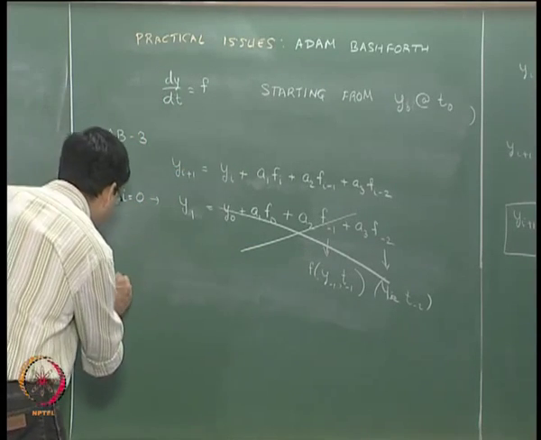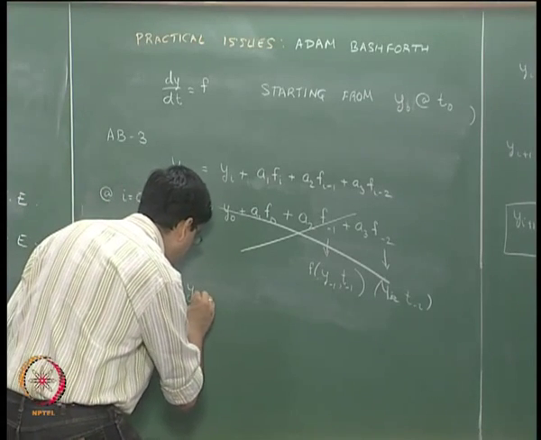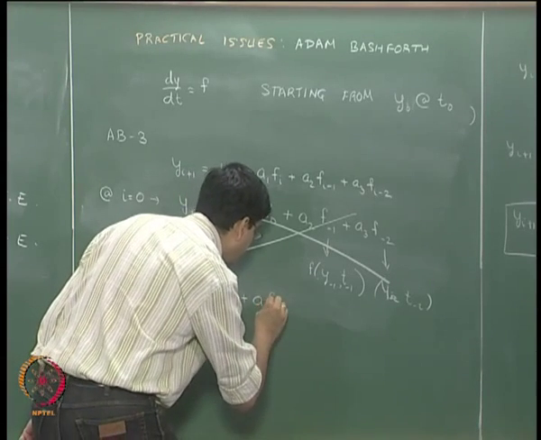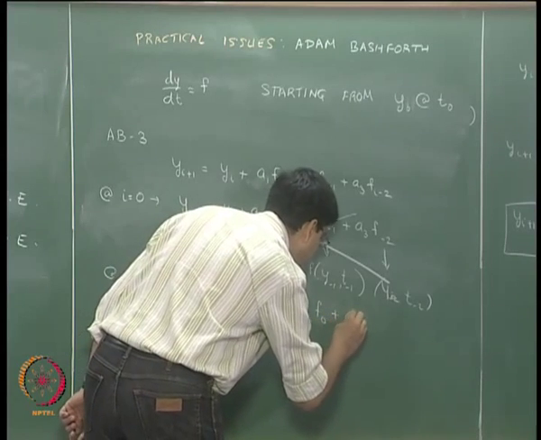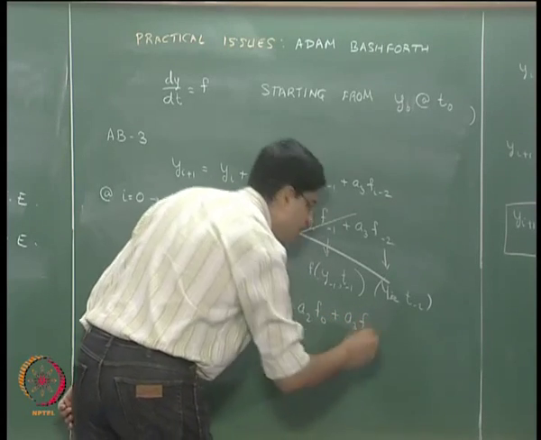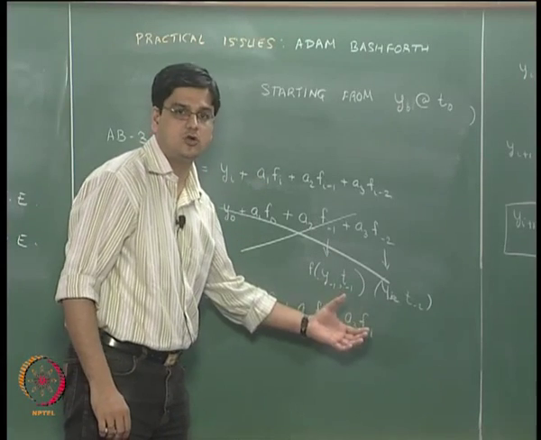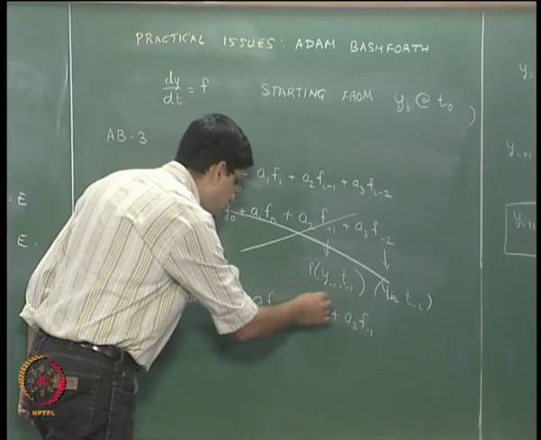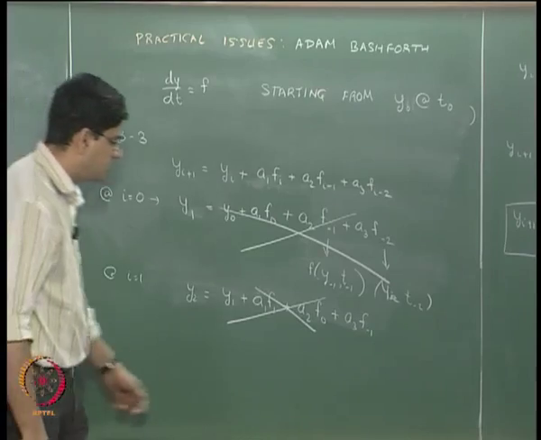Let us see what happens at i equal to 1. At i equal to 1, y2 is going to be equal to y1 plus a1 f1 plus a2 f0 plus a3 f minus 1. Again f minus 1 is not known to us. If f minus 1 is not known to us, we cannot use Adam-Bashforth method at i equal to 1 either. Okay.